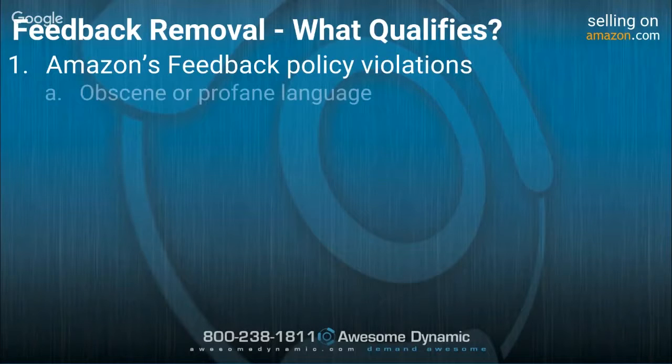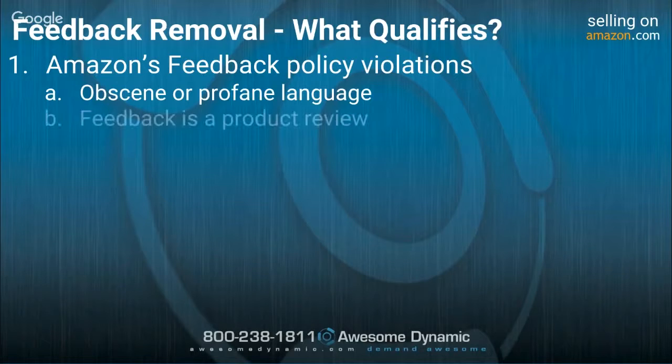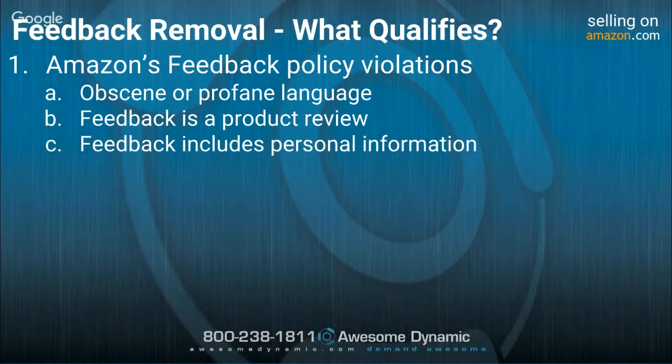What exactly those policies are: if that feedback contains any obscene or profane language, if the feedback is a product review, as we said before, a review is different than a feedback. So if someone puts a review in the feedback, that is inappropriate and therefore can be submitted for removal. And the next one is if a feedback includes any kind of personal information.